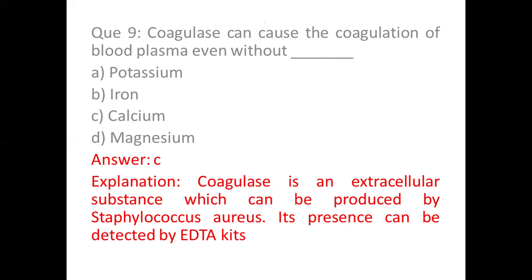Why is EDTA used? It is used to treat acute and chronic poisoning, removing metals from the bloodstream. EDTA is used as a medicine also.